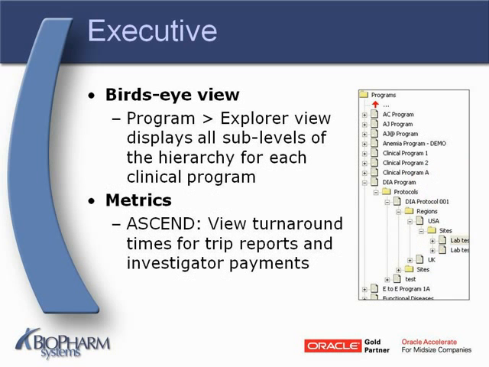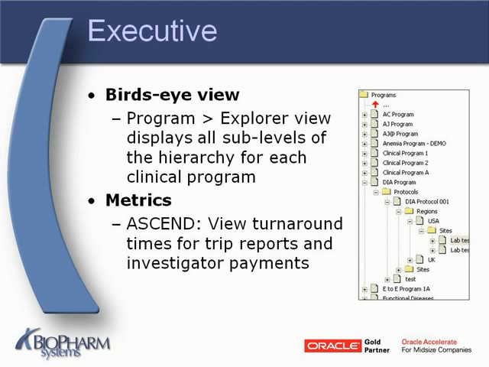So in the system, there's a bird's eye view at the program level, at the clinical program level, which is the highest level, where you can explore within that program, look at each and all of the protocols within that program, look at the regions within that protocol, and look at all the sites and detailed information right from that one view.